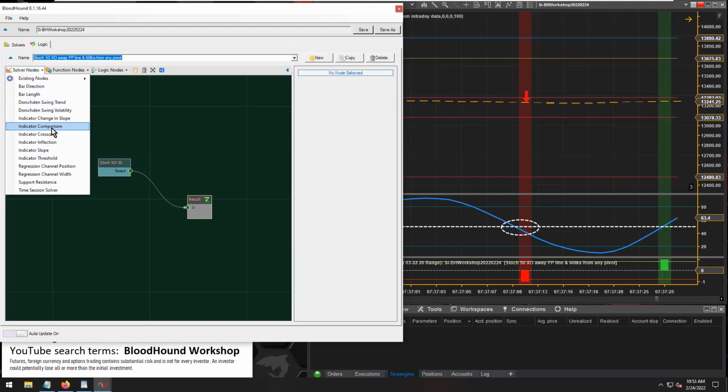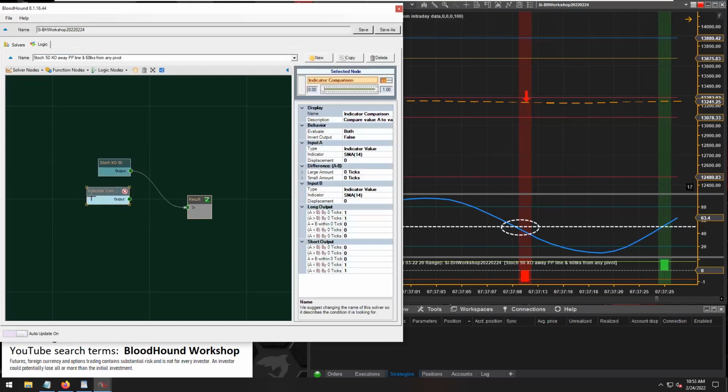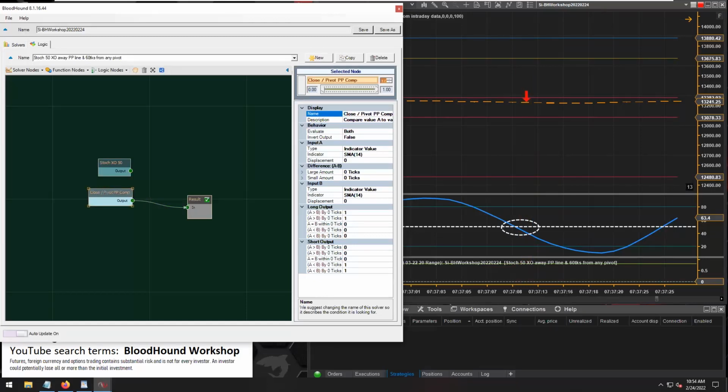And that would be a comparison solver. Yeah. So when price is above the PP line, then you're only looking for long signals as price is moving upward and away from the PP line. So all right, we're comparing the close of the bar to the pivot PP line there.